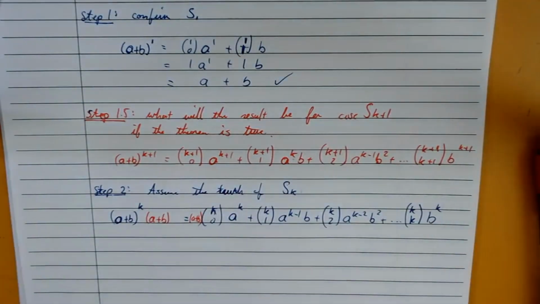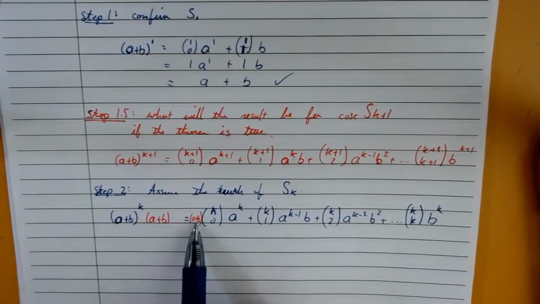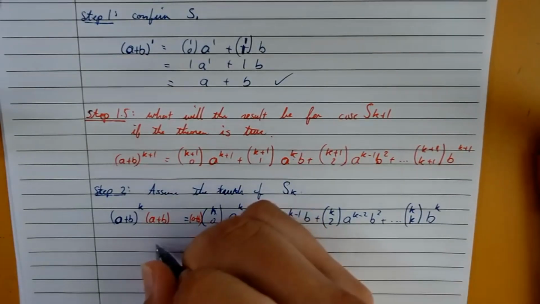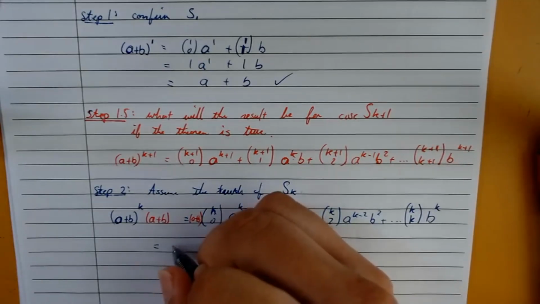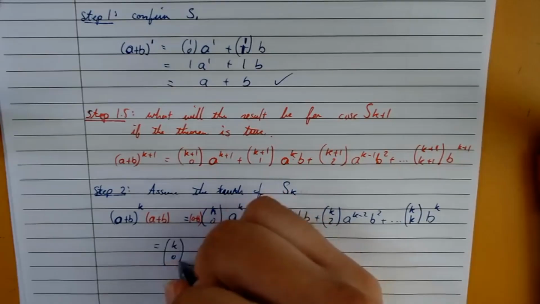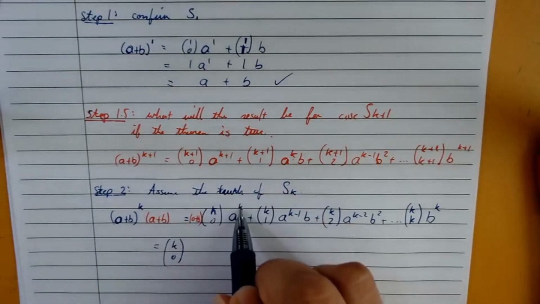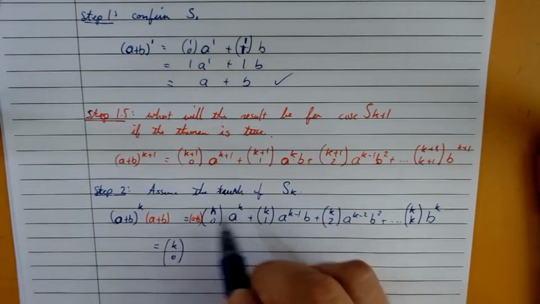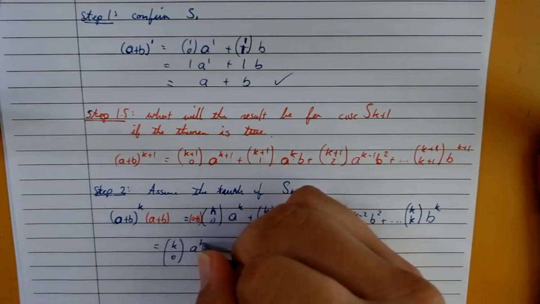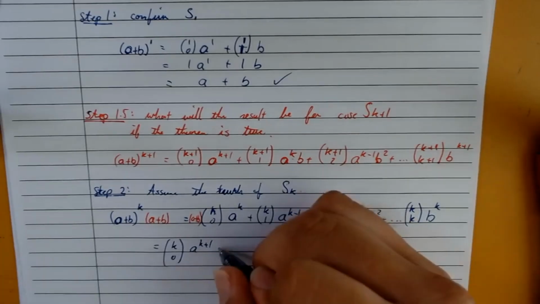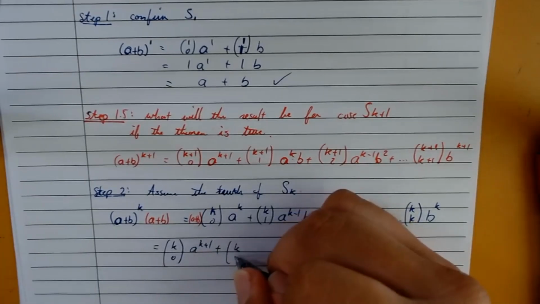Okay, so now I need to start distributing. First of all, let me distribute the a. So all of these are going to get multiplied by a. So that's going to be k choose 0. And now this a to the power k, well, you multiply by another a. So that's now a to the power k plus 1. Plus k choose 1.